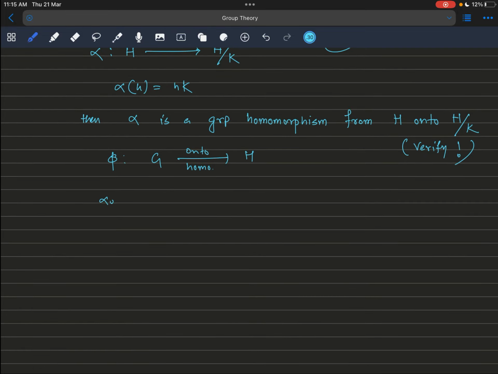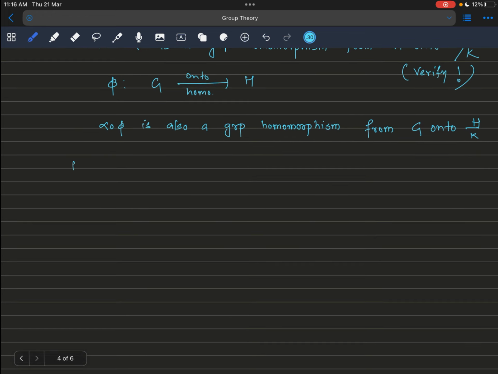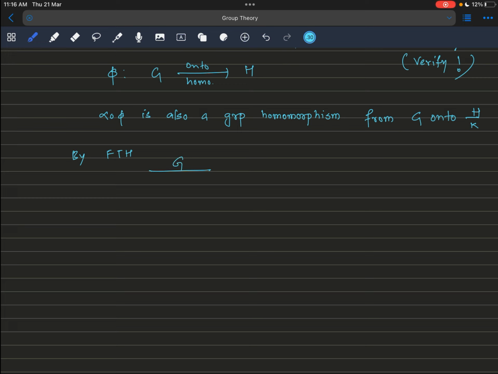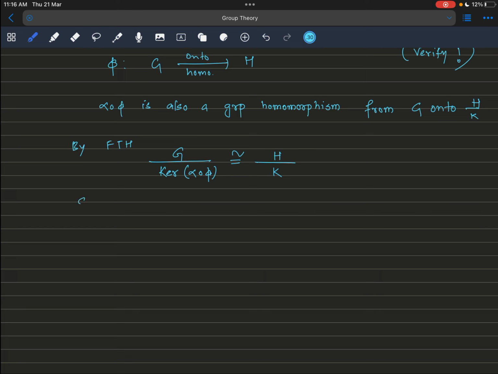So alpha composition phi is also a group homomorphism from G onto H by K. Okay, so by the fundamental theorem of group homomorphism, we can write G by the kernel of this, which is isomorphic to H by K.